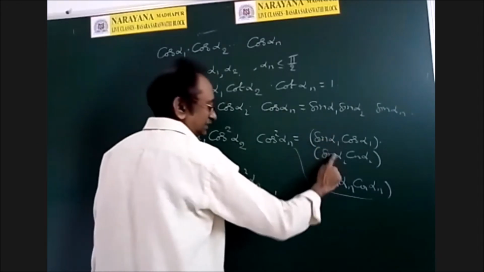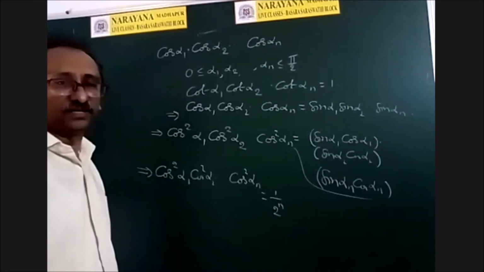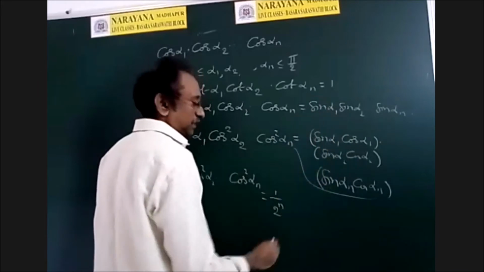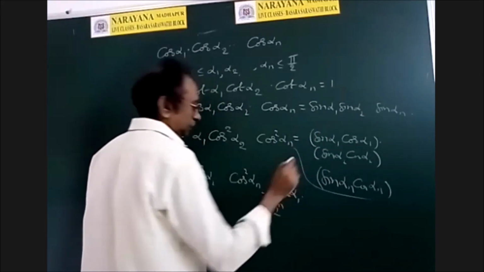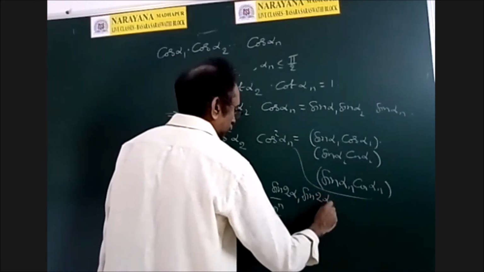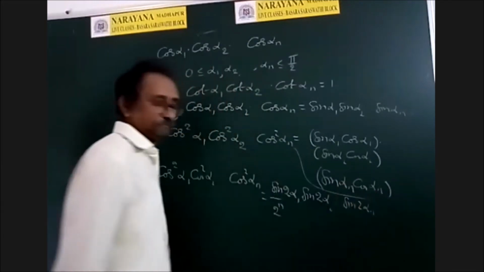So there are n such terms. So there are n 2's. In the denominator there is 2 power n. And in the numerator 2 sin alpha 1 cos alpha 1, that is sin 2 alpha 1 into sin 2 alpha 2 into so on sin 2 alpha n.